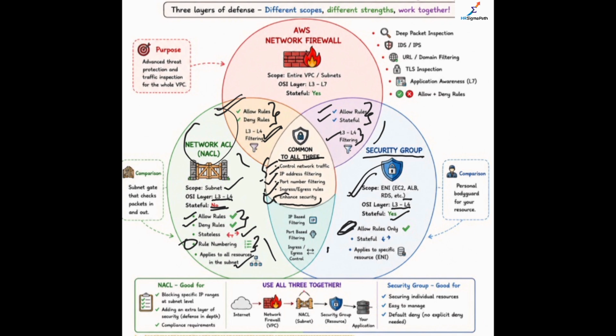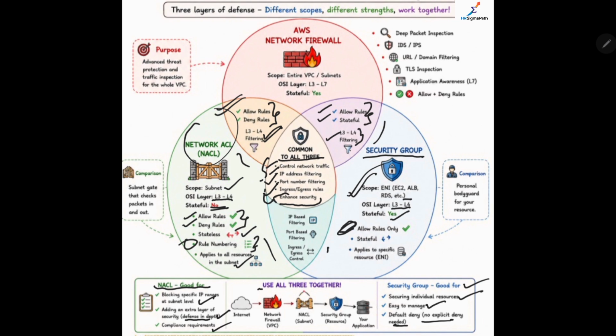At the bottom, the diagram explains where each service is most helpful. Network ACL is ideal for blocking IP ranges at the subnet level, adding an extra security layer, and meeting compliance requirements. Security groups are best for protecting individual resources, are easier to manage, and automatically deny any traffic that is not explicitly allowed.